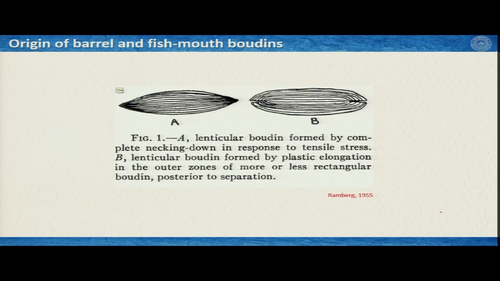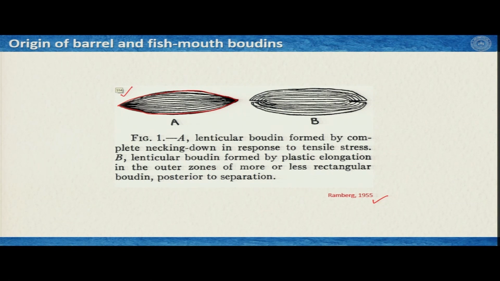So, this has been noted by Hans Ramberg, and this is a classic paper of 1955. As you can see here, the first one is a classic lenticular Boudin. So, this is the shape of this Boudin. Okay. So, this is some sort of a pinch-and-swell structure, but the pinches have been torn off.